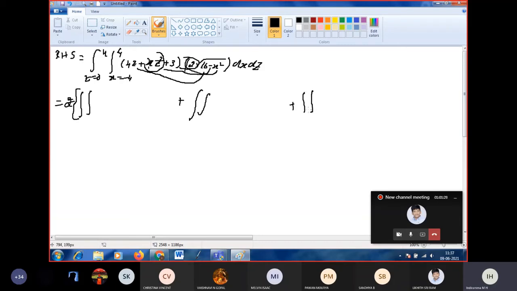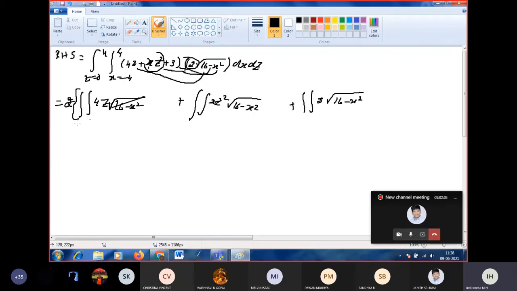Correct? So first I will multiply 4z into root of 16 minus x square. Then here xz square into root of 16 minus x square I got. Next, 3 into root of 16 minus x square. So first you multiply root of 16 minus x square to all the 3 terms, then split the integrals.